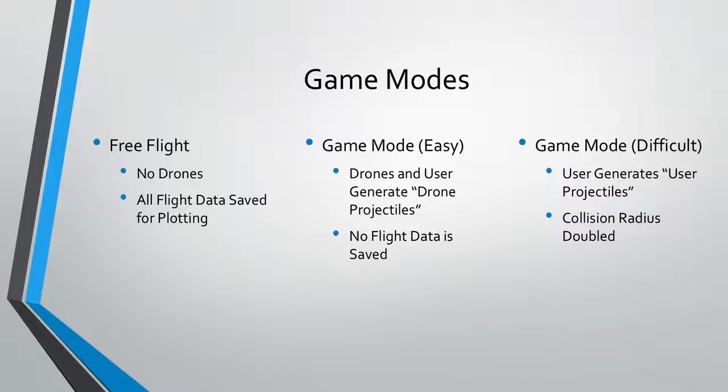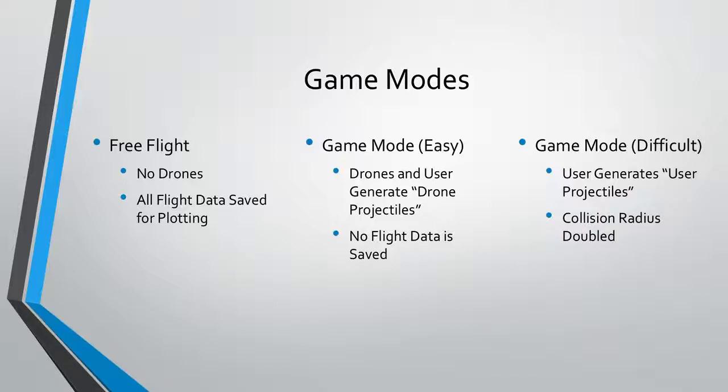And also, in these game modes, there's no flight data that's collected. All of it's deleted to allow for the memory to be used with the multiple objects, so the game doesn't slow down. In the difficult mode, the user generates the actual user projectiles. This means you have to do all of the aiming by yourself.